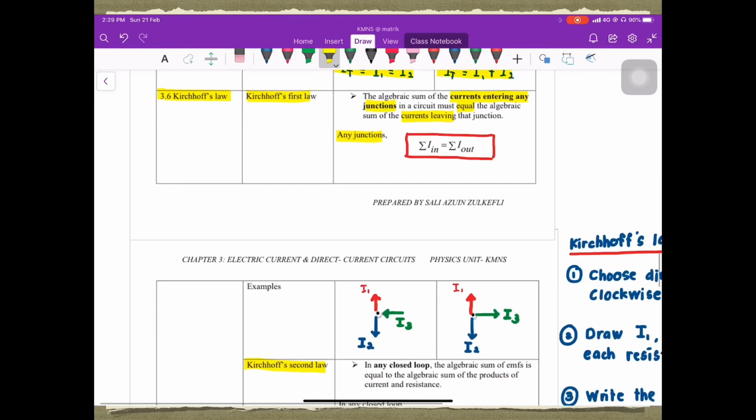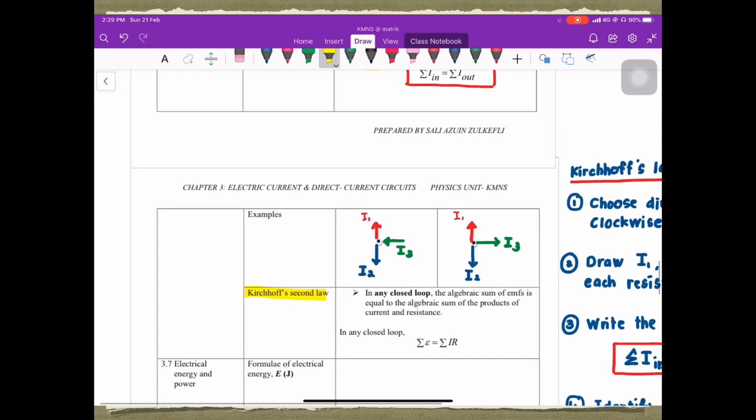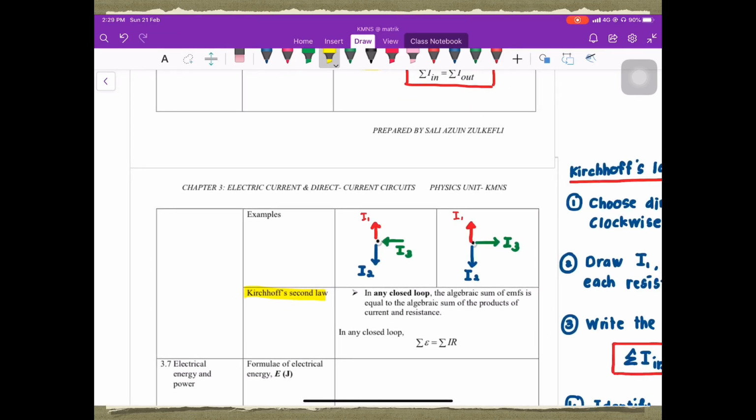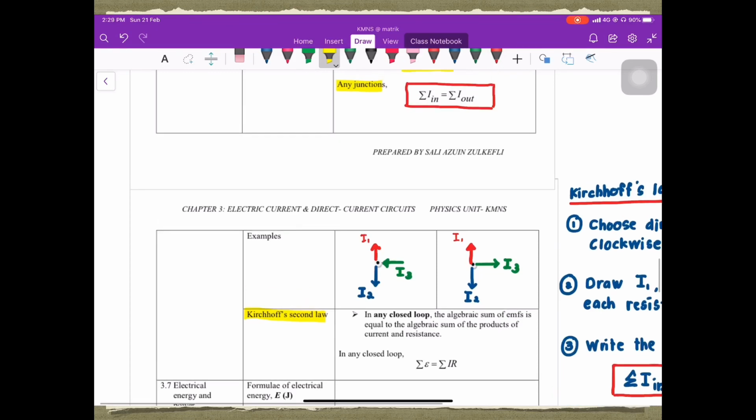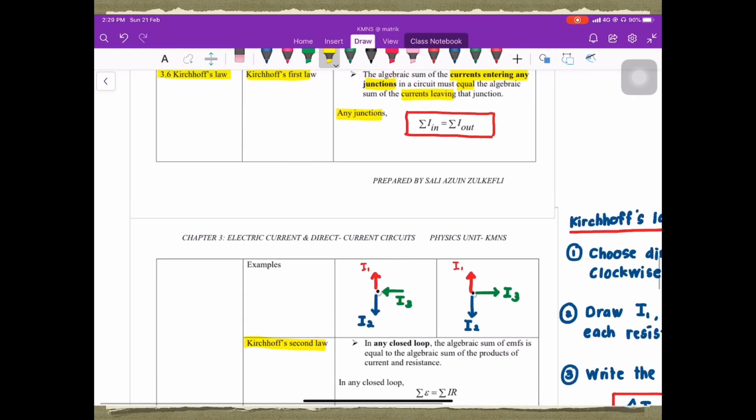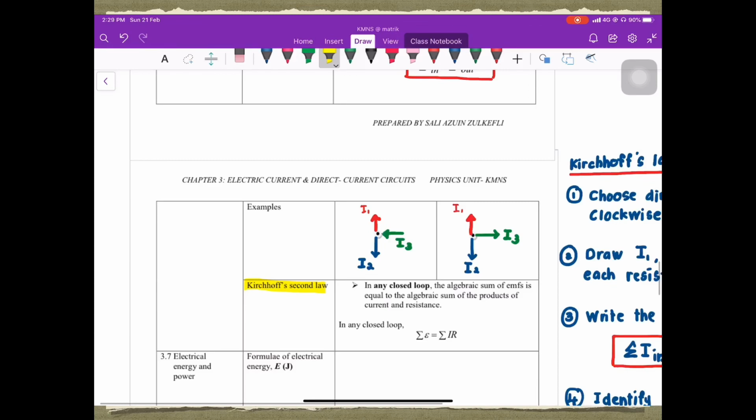Now, here are a few examples to show how we can apply Kirchhoff's first law. Okay, so this is a junction. I1 is represented by the red color, and the arrow is out from the junction.